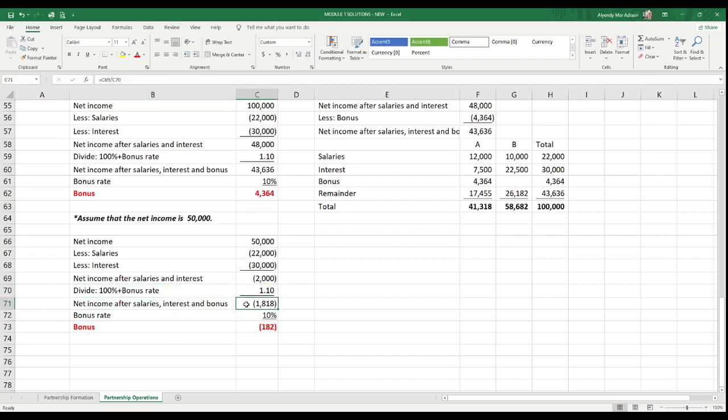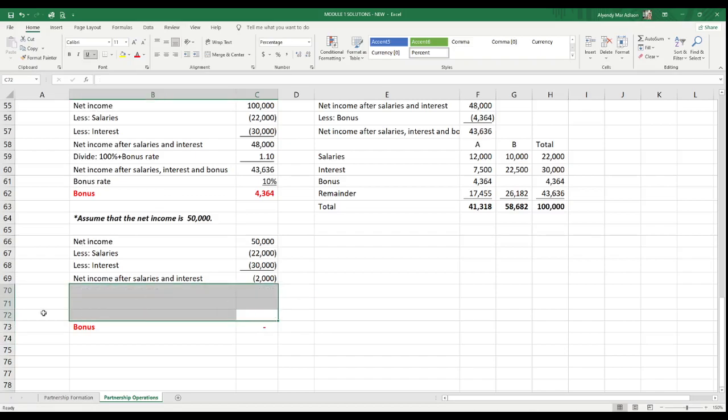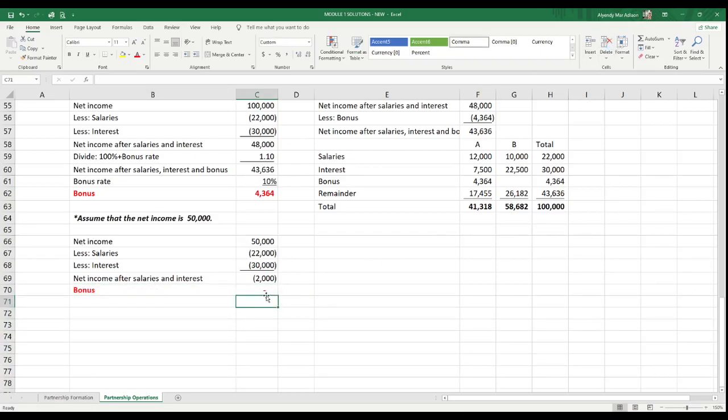So in that case, there would be no bonus anymore. And we cannot deduct the bonus, because a bonus cannot be negative. So this will now be 0. The bonus is now 0.